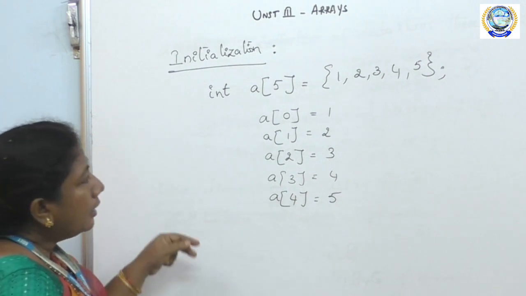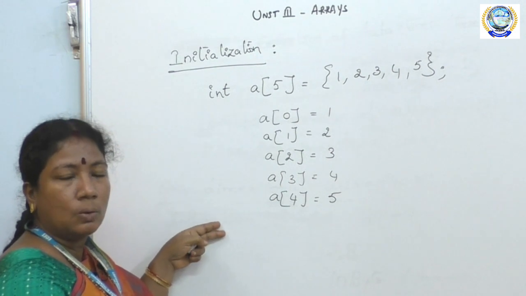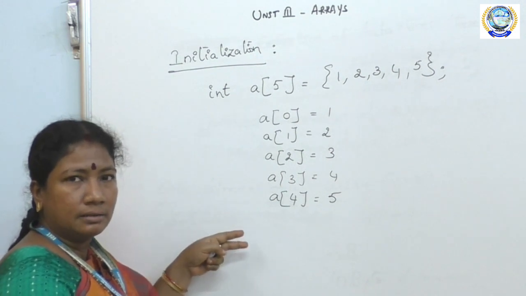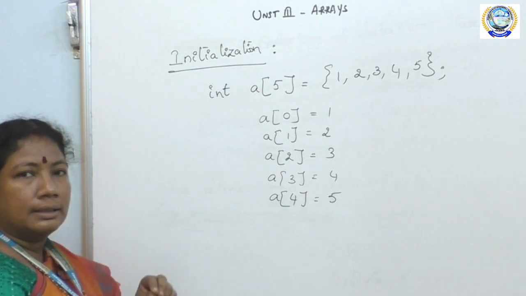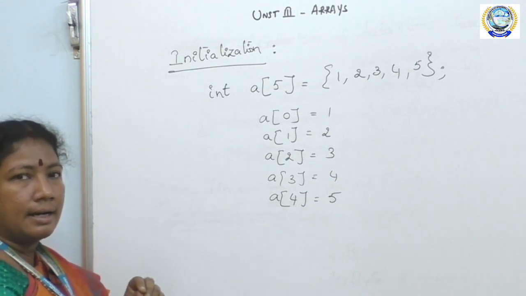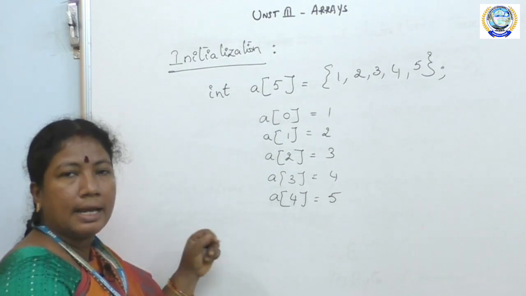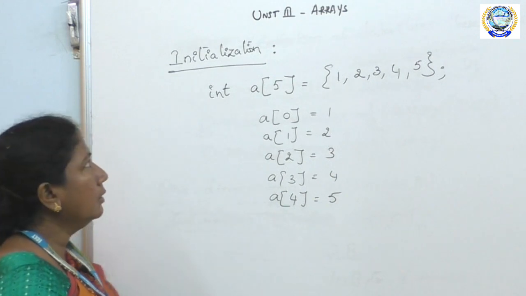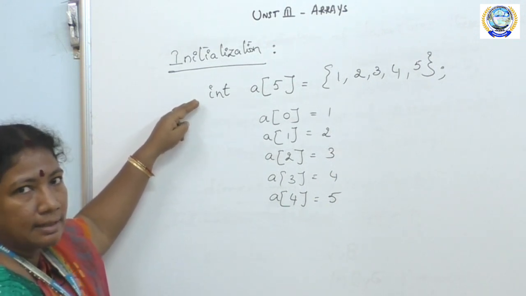Meaning that the array index starts from 0 and ends with the index n-1. So, this is the initialization at the time of declaration.